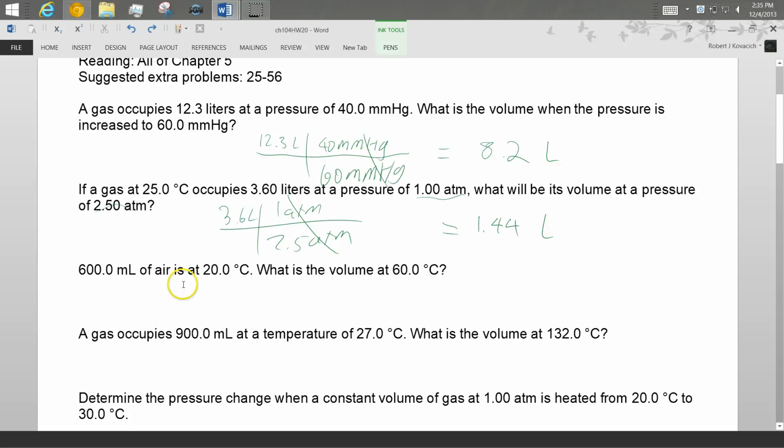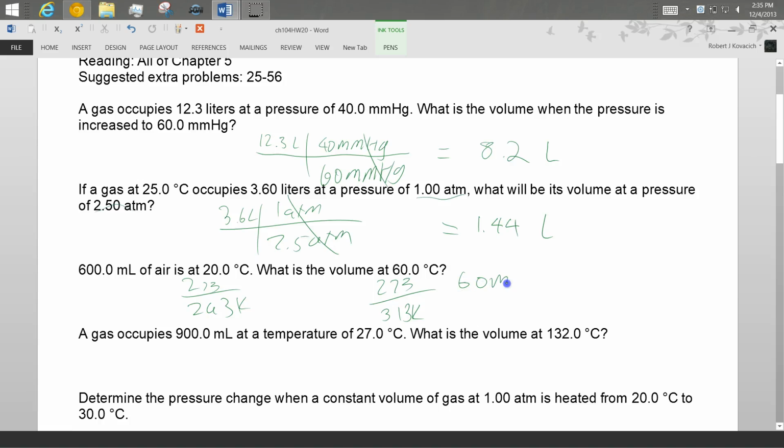All right, so 273, so 293, and then 273, so 333 K for both those. So the air's at 20, and then it goes to 60. So if you had air and its temperature rose, what would happen to the size of the air? It gets bigger, expands.